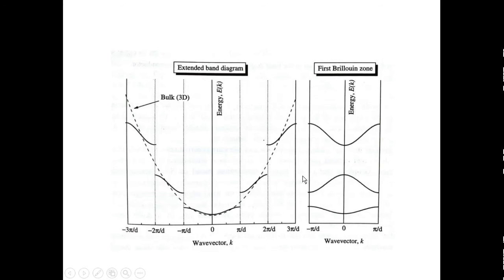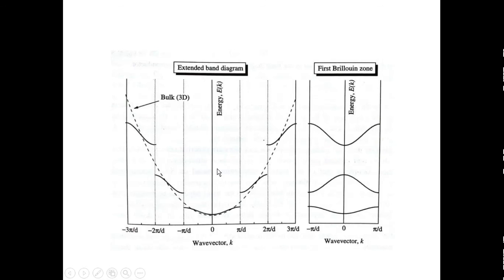That is why it is shown here like this. Similarly, for the first Brillouin zone of this particular band folding, it again comes and goes like this. So this is the energy band, wave vector k versus energy E(k), in the first Brillouin zone. This is the extended band diagram for the wave vector k.